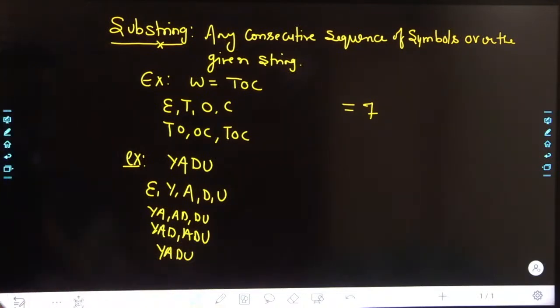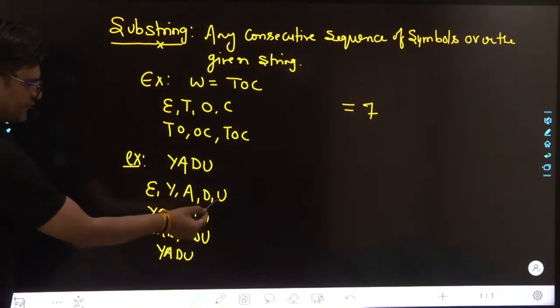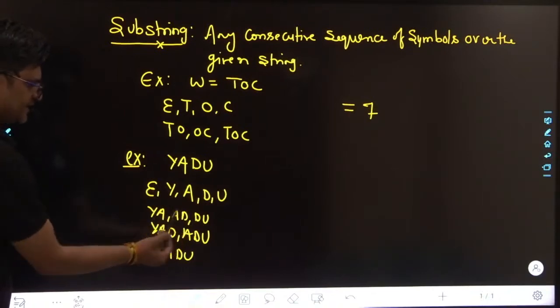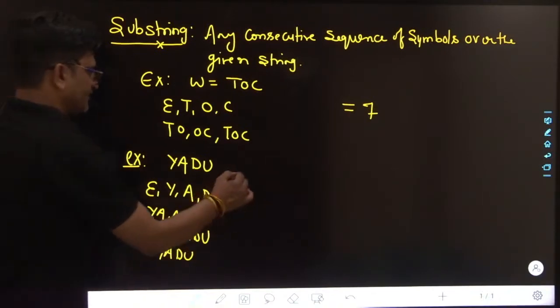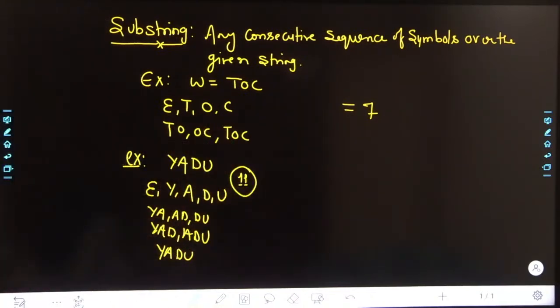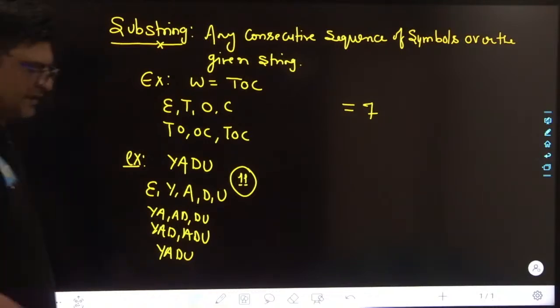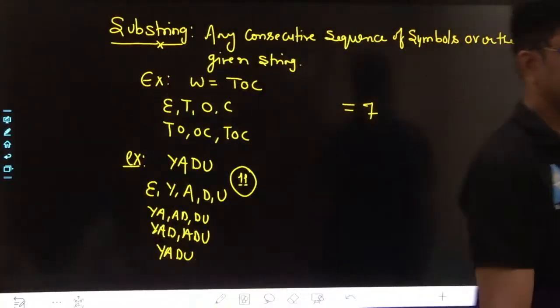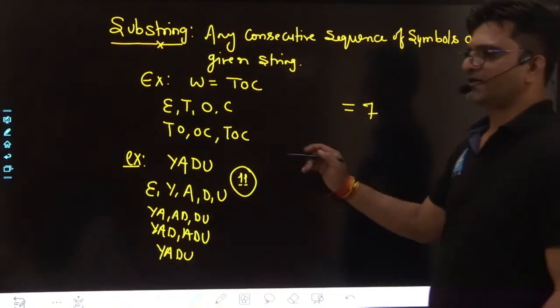How many number of substrings? 1, 2, 3, 4, 5, 6, 7, 8, 9, 10, 11. 11. If length of the string is 4, then number of substrings 11.